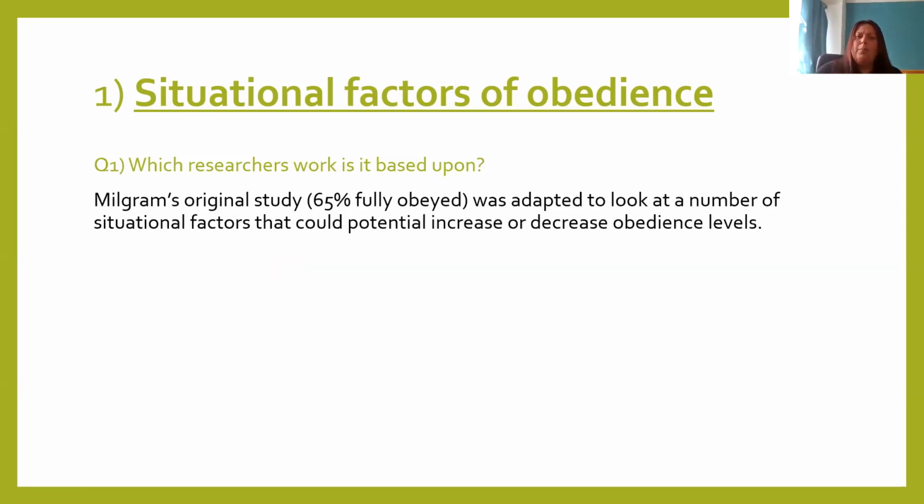that work by Milgram. What's really key about Milgram's work is that he noticed 65% of those participants that took part in the electric shock study were fully obedient. They went all the way to that potentially lethal 450 volt shock.